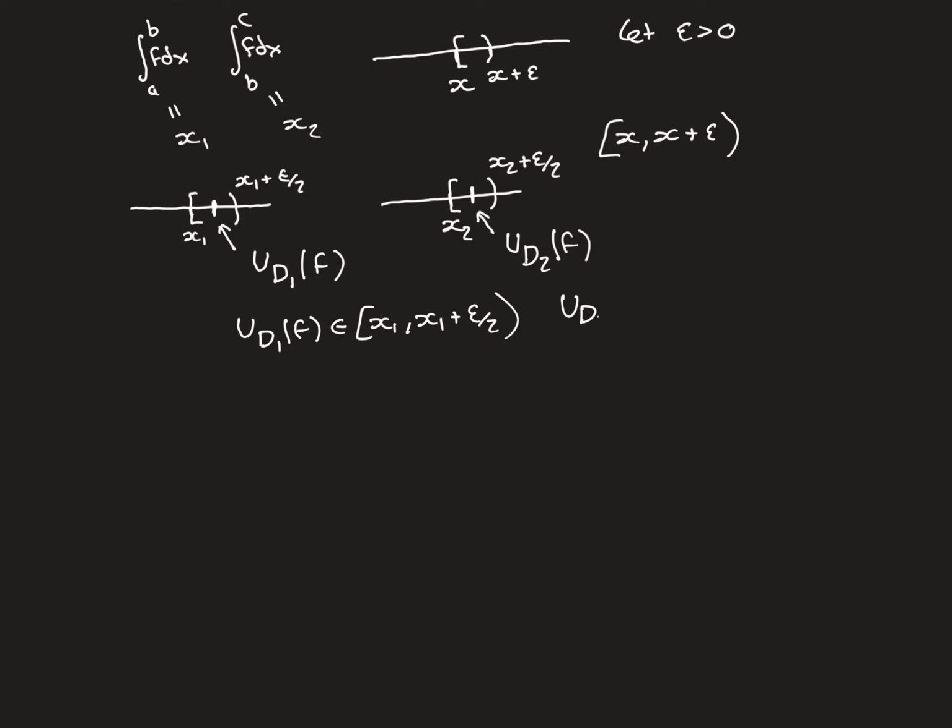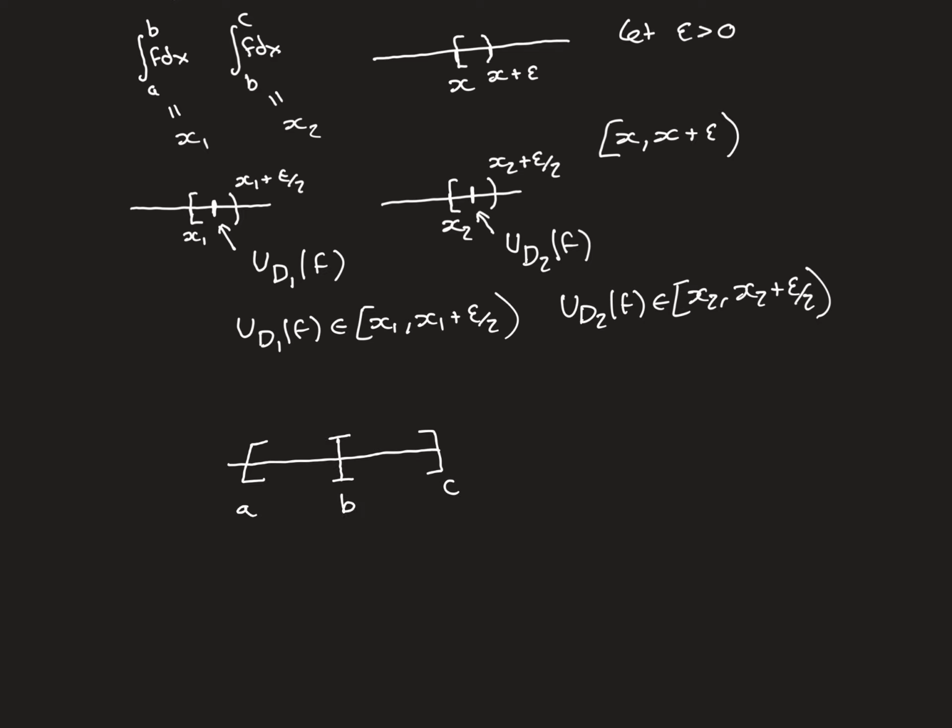And we know that the upper Riemann sum over D2 of F is inside the interval from x2 to x2 plus epsilon over 2, again not including that value. Now what we are of course going to do is combine those two dissections together to get an overall dissection of the interval AC.